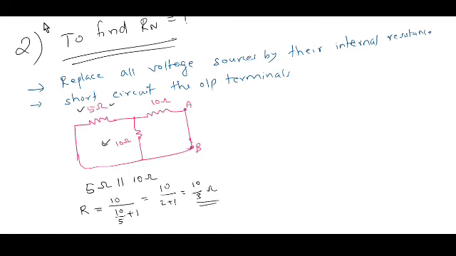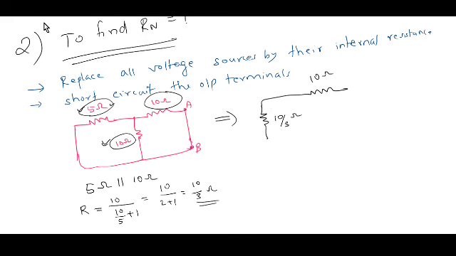Now, I can redraw this picture like this: this resistance and this resistance became a single one, that is 10 by 3 ohm, and here you have this 10 ohm resistance, and the terminals A and B are here.